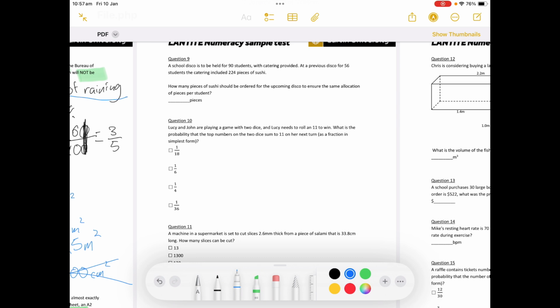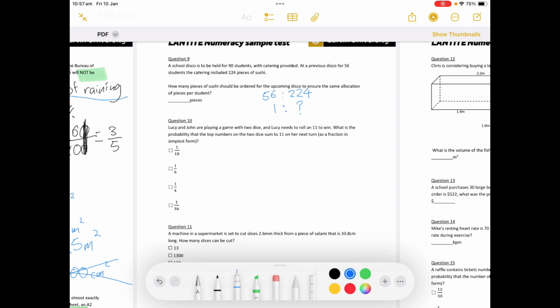So for the previous disco, you had 56 students and there were 224 pieces of sushi. So what we want to know is how many pieces of sushi did each student get, okay? So that means I'm trying to work out one student, how many pieces of sushi. Alright, it's a ratio. So whatever you do to one side, you do to the other, okay?